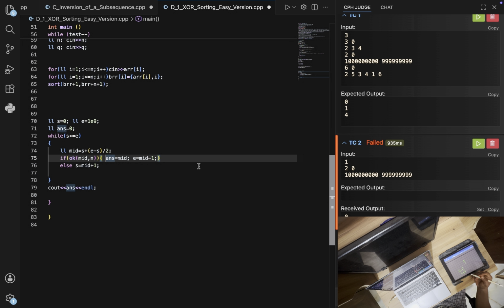In 0 it's not possible. In 1 it's not possible. In 2 it's not possible, in 3 it should be possible.